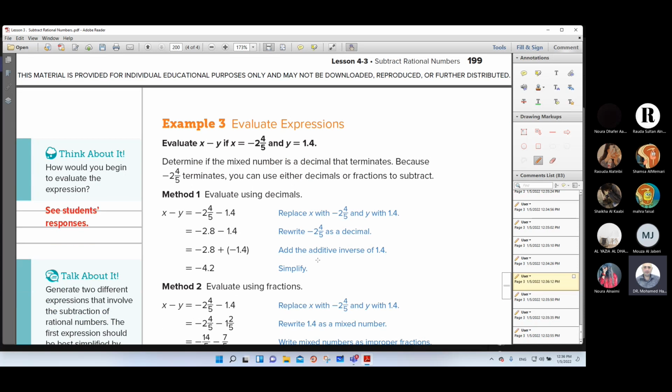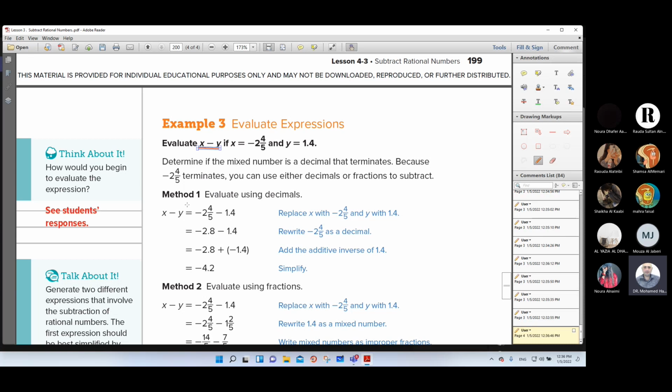How to evaluate the expression if you have the values of all variables as a number? So in this example, you have this expression x minus y. Suppose the value of x equal negative 2 and 4 over 5, and the value of y equal 1.4.